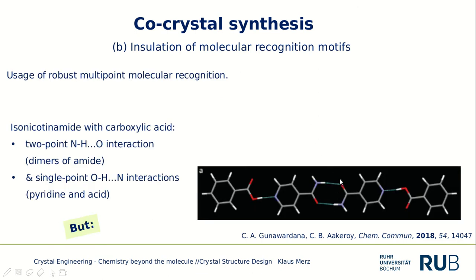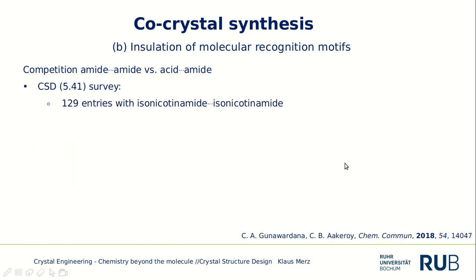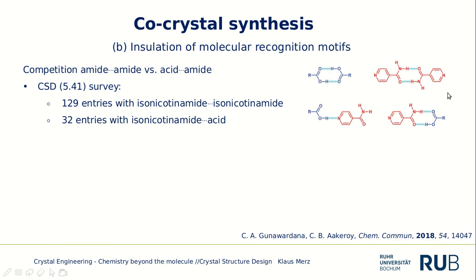But additionally, we will find around 30 entries of isonicotinamide acids. Here is our amide, and here is our amide carboxylic acid unit.